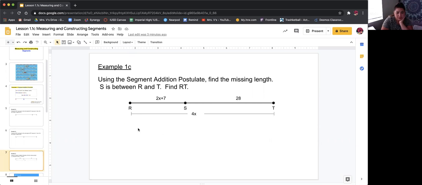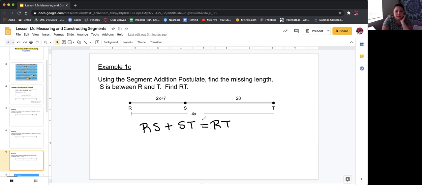We know that the segment addition postulate says that we have our first segment, which is RS. So let's write that down: RS plus our second segment, ST, is equal to the entire segment, which is RT.